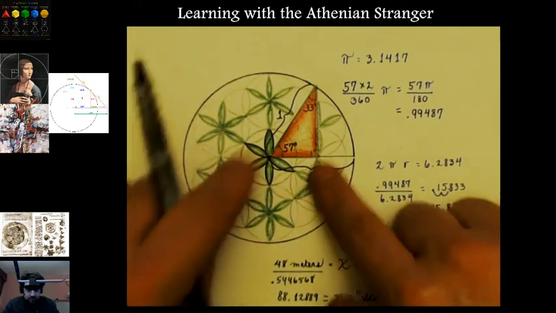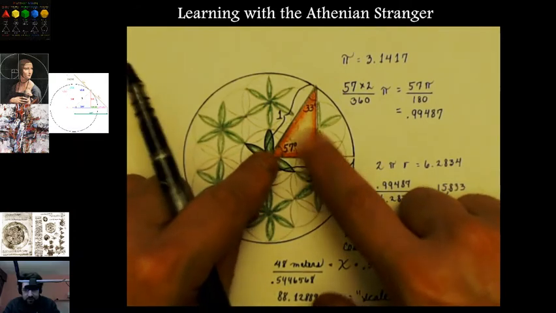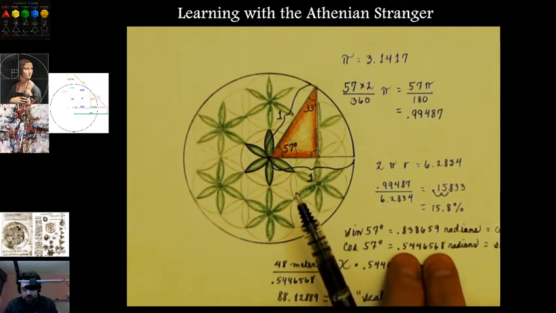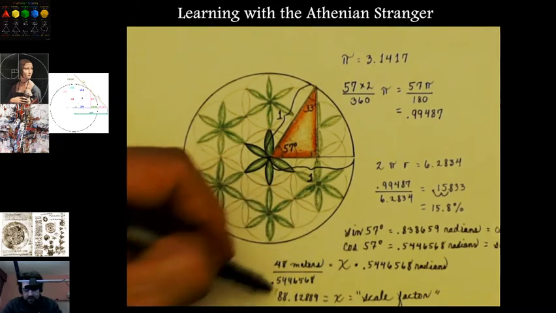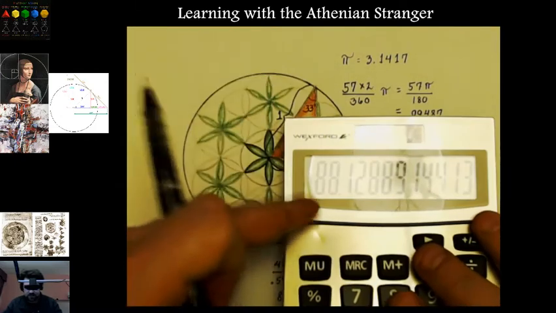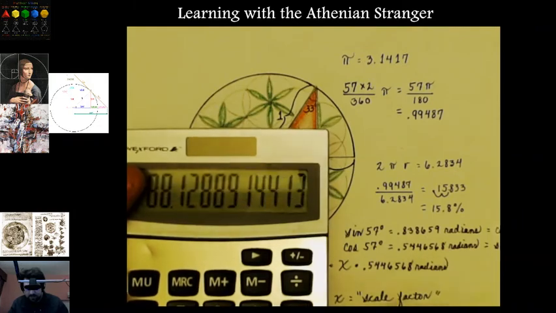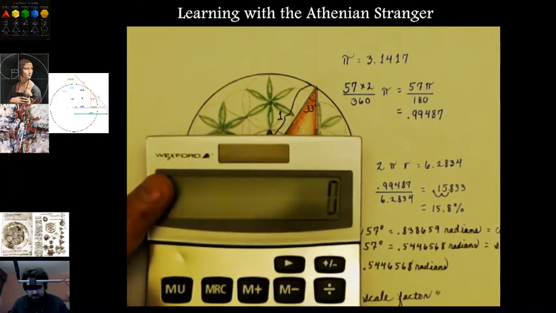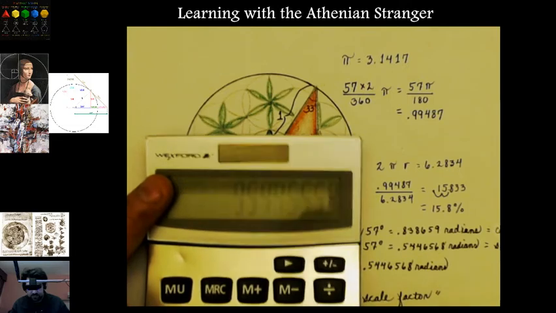So if this distance for a unit circle of radius 1, this distance right here was equal to 0.5446568 radians, if I multiply that by 88.12889, let's just do it, okay? Take that right there. This is my scale factor, and I multiply by the radians, I'm going to get 48 meters. 0.5446568.